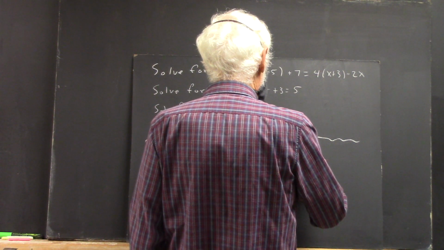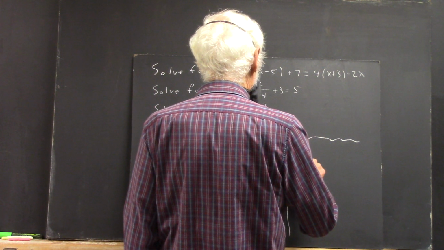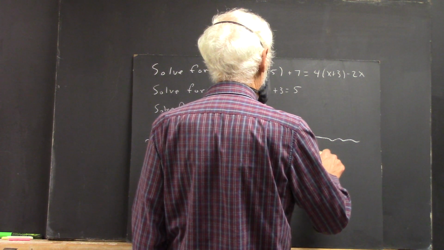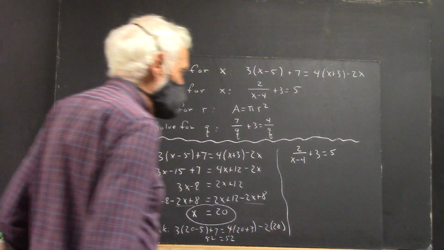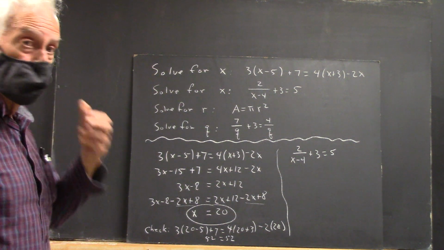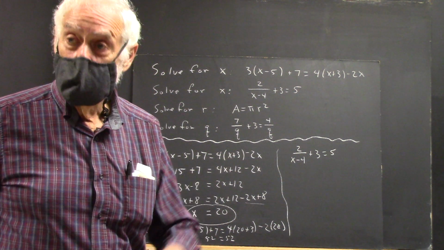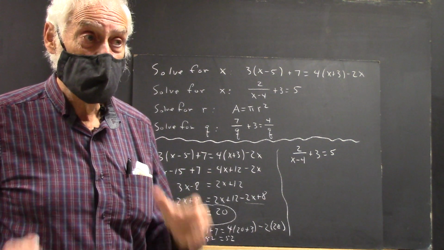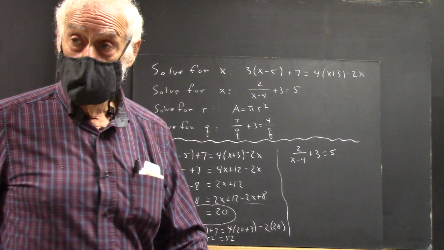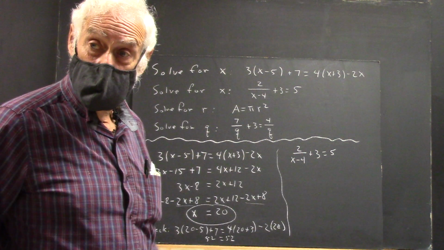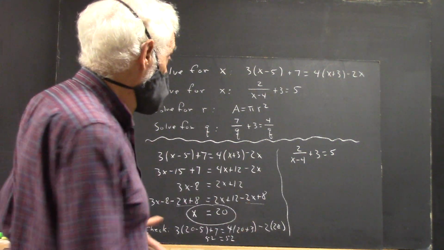Okay. Now here's where we start getting in a little bit of trouble. You have a denominator. What do you do when you have a denominator? You multiply both sides by that denominator. Both sides, not just one or two terms, every term on each side. To multiply both sides, here's your step.